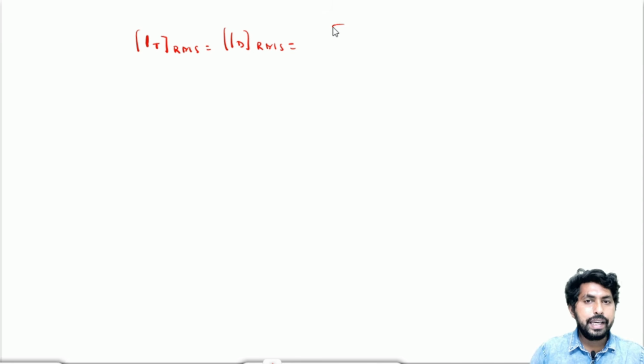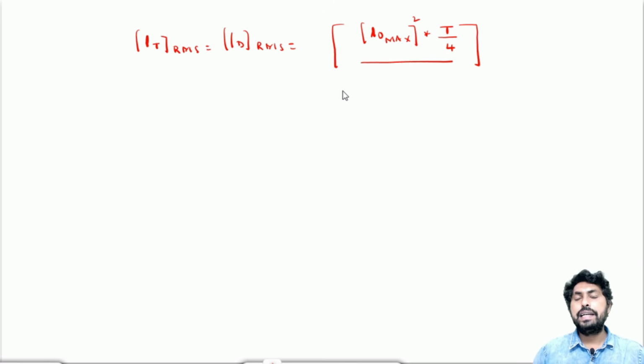The area of the square waveform is I naught max whole square into T by 4 for the period of T by 4, divided by 3, divided by the total time period T, whole power 1 by 2.